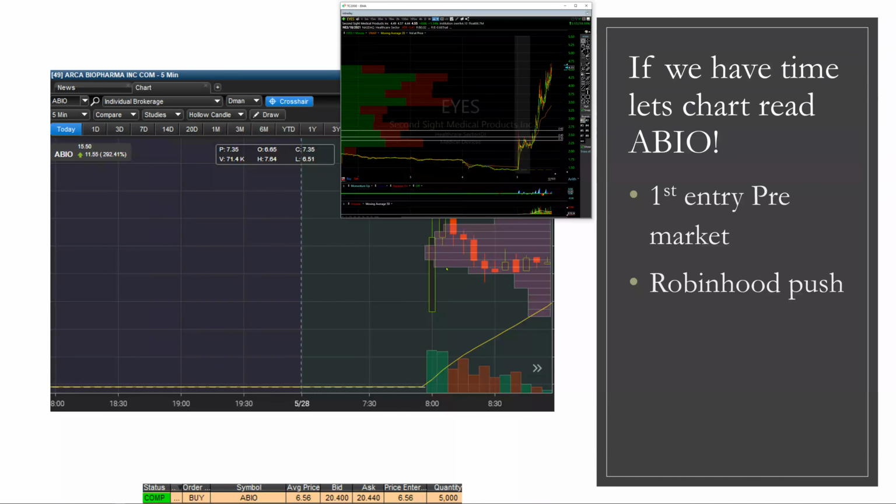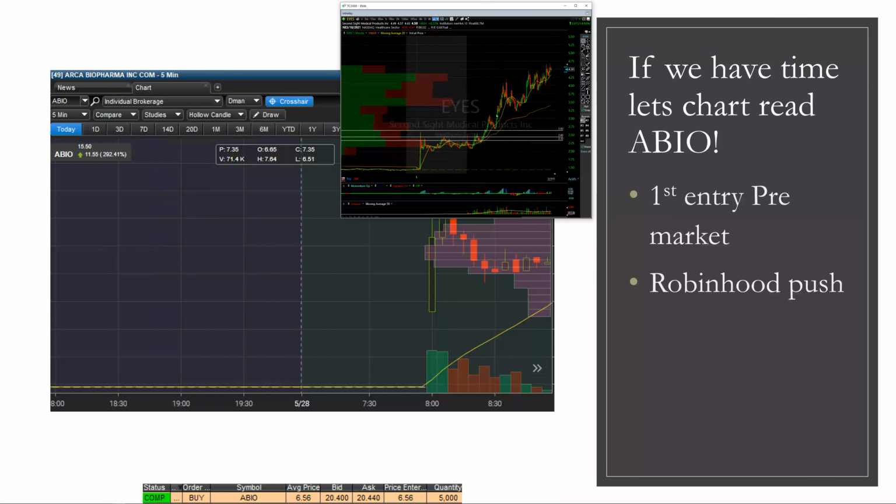If they're going to be under that, it's a good short. If they're going to be over it, it's a good long. You can also use the first hour and try to do like 3 times the first hour. People use different things for volume flow, but you can Google volume flow and read about it. Volume flow is just whether or not the volume is increasing or decreasing per what's been trading.